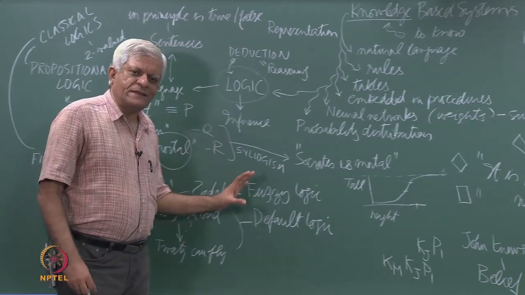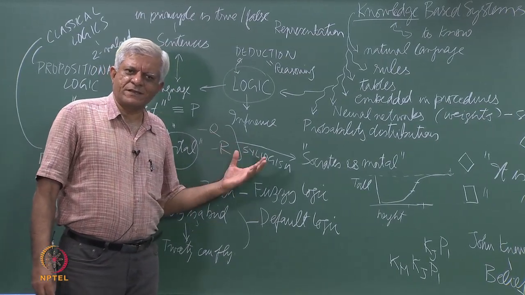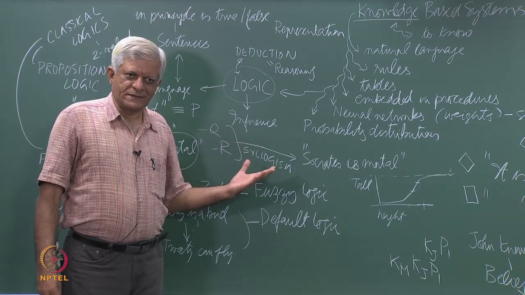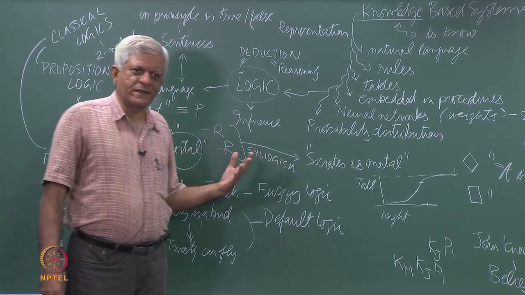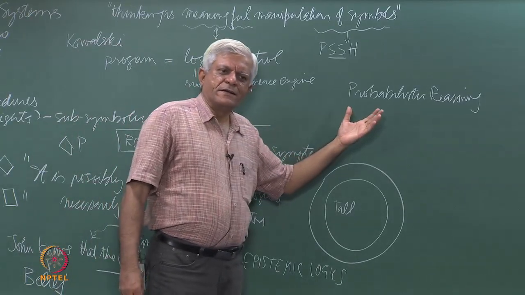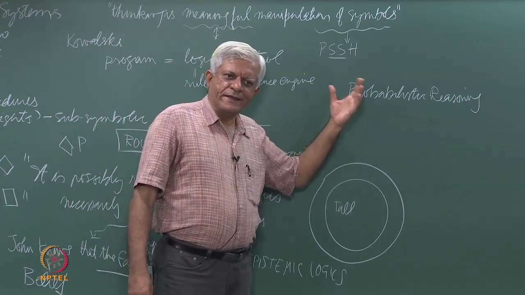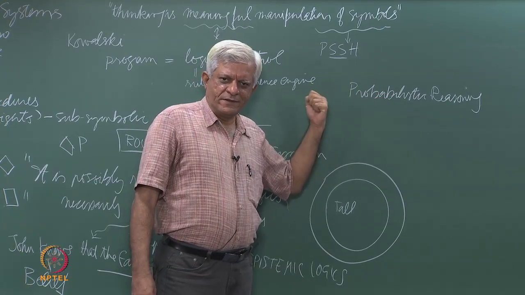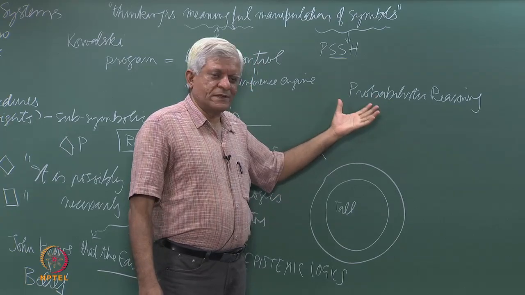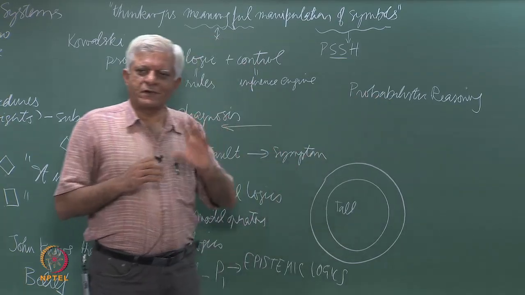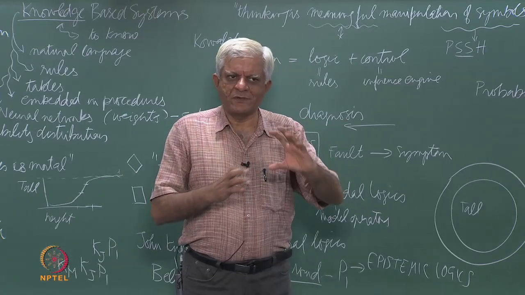In fuzzy reasoning, it is really a linguistic problem, as to what you mean by the word tall, because it is not defined clearly. Whereas in probabilistic reasoning, if you say that the probability that he has jaundice is 0.7, then you are saying that this is a way of talking about my lack of knowledge about the real situation.